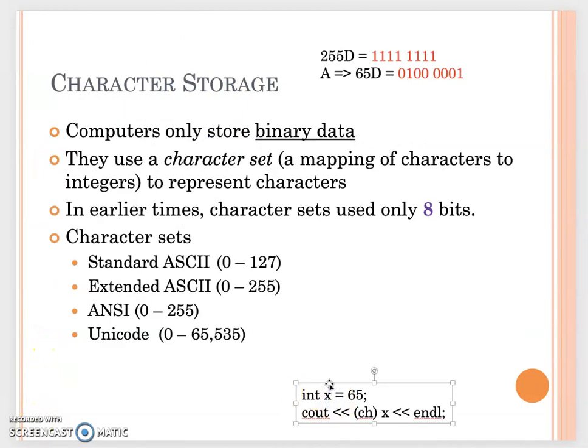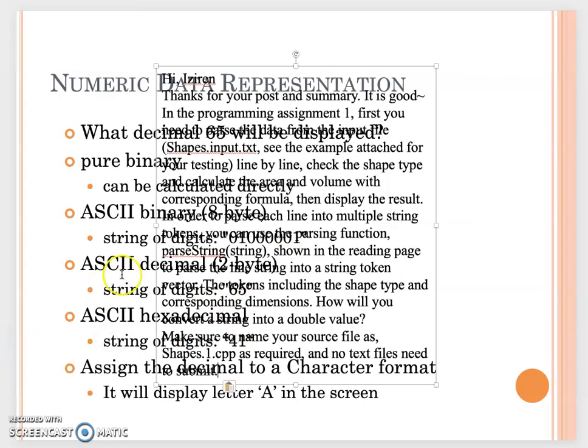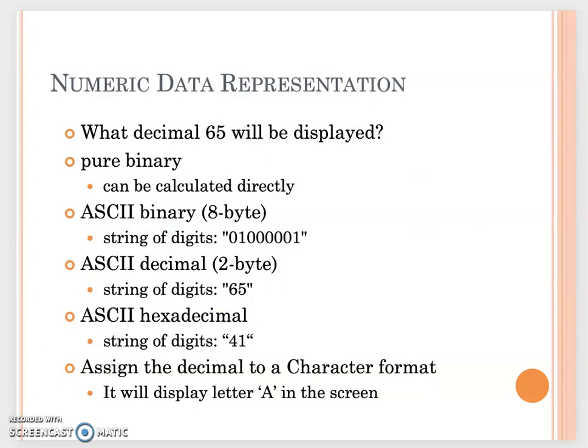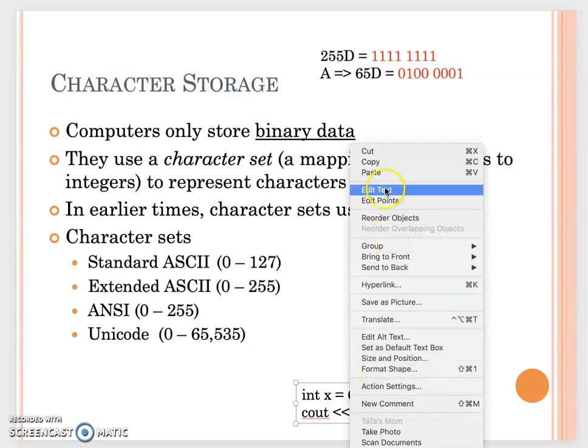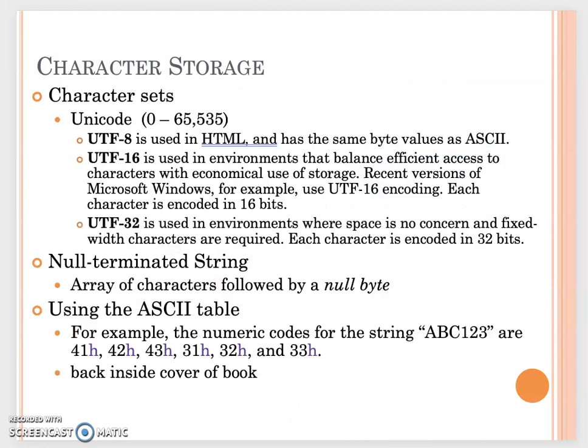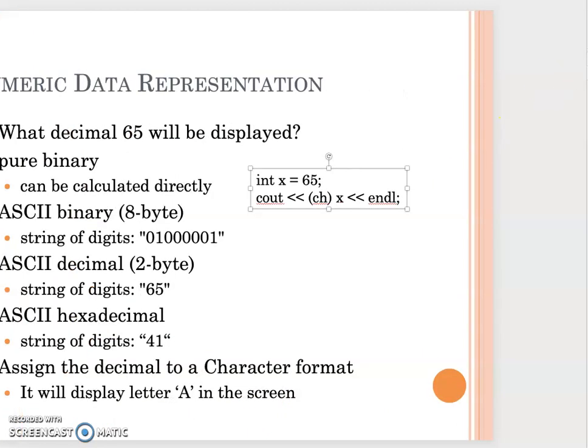So that's why here we show you the example if you have a number 65, how you will have the 65 displayed. How you want to display this 65 is all according to how you want to display it when you do the cout.